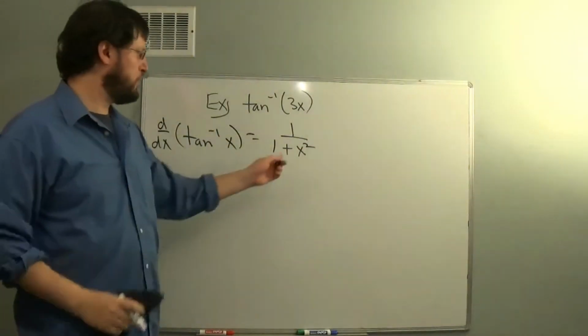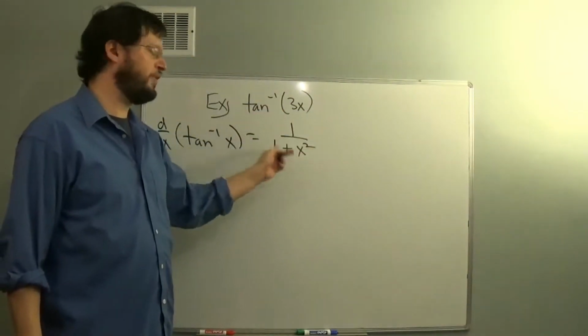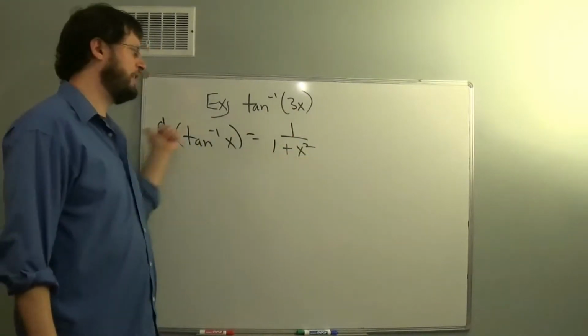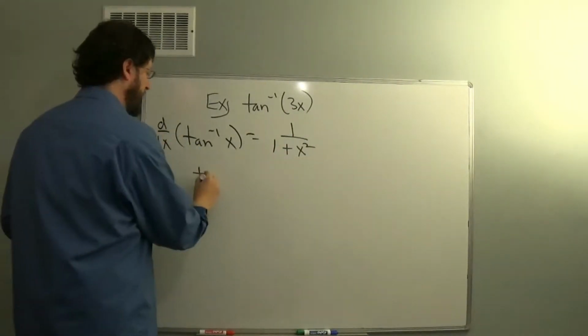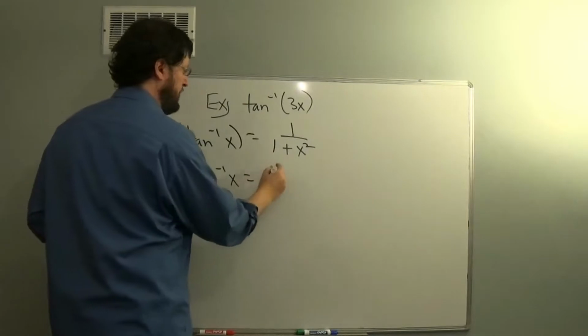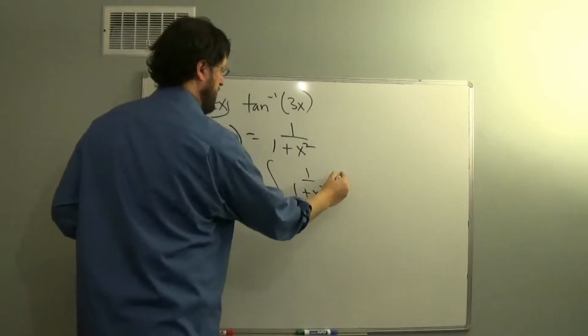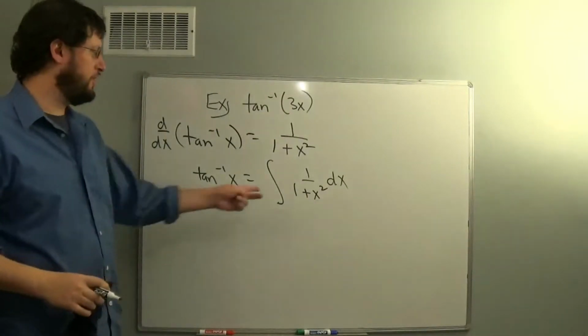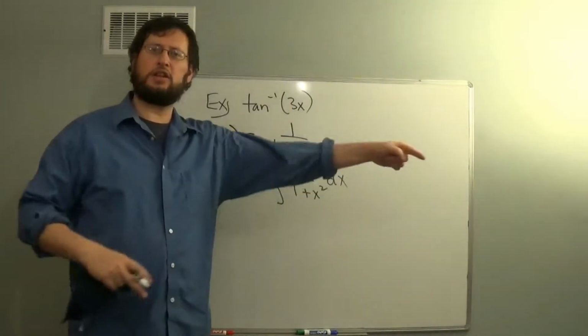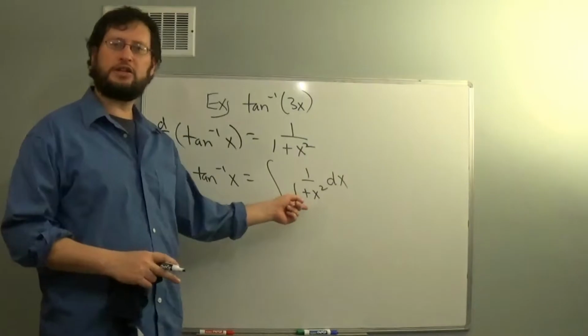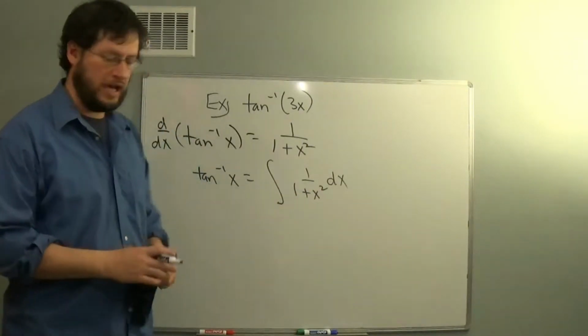So what we're going to do is use the Taylor series for this and then take its integral. Because tan inverse of x will be the integral of 1 over 1 plus x squared dx. That's the idea. If we turn this into a Taylor series, it's an infinitely long polynomial. Finding antiderivatives is just one term at a time.